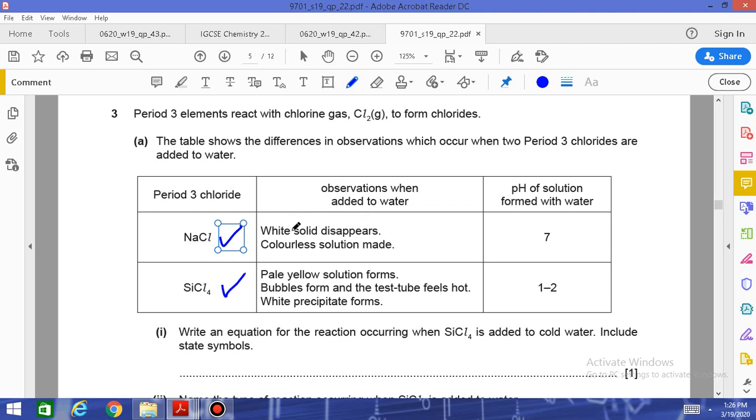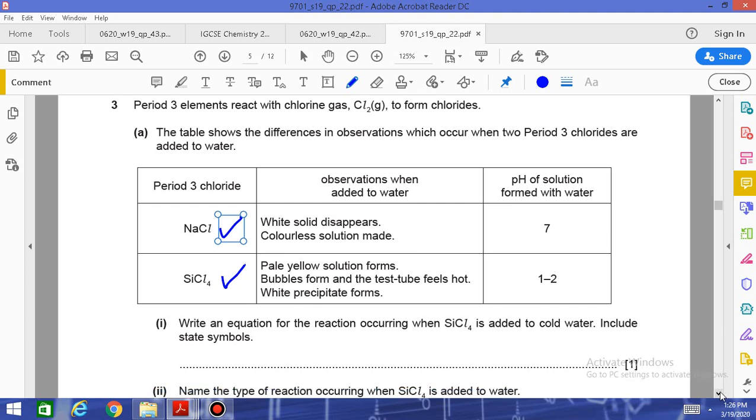For sodium chloride, the white solid disappears, a colorless solution is made, and the pH of the solution formed with water is 7, while for silicon tetrachloride, a pale yellow solution forms, bubbles form, the test tube feels hot, a white precipitate forms, and the pH is about 1 to 2.